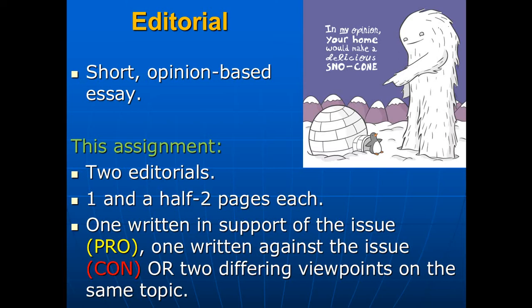So if you were doing cyberbullying, you might write one editorial from the point of view of someone saying cyberbullying is the job of the parents to make sure their kids aren't getting bullied, and then maybe another one that says it is something that should be illegal and police should be arresting people for it, we should be prosecuting people for it, that sort of thing. So it would be looking more at competing viewpoints about the same topic.